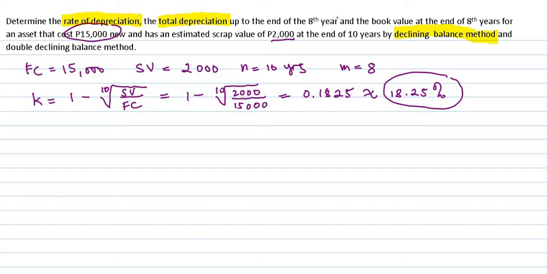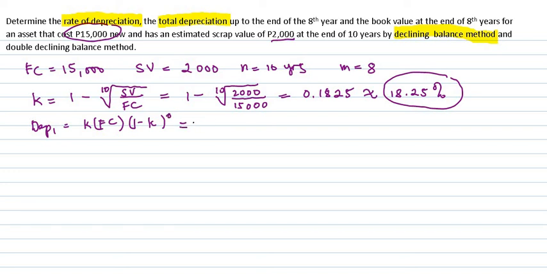Now if we want to find the total depreciation, of course we will compute the depreciation per year. Okay, so first year depreciation, we have our formula, K times FC times 1 minus K raised to 0. It will start at 0.